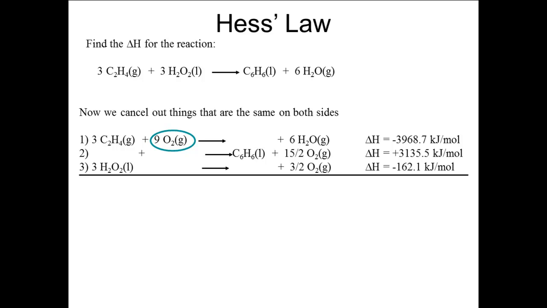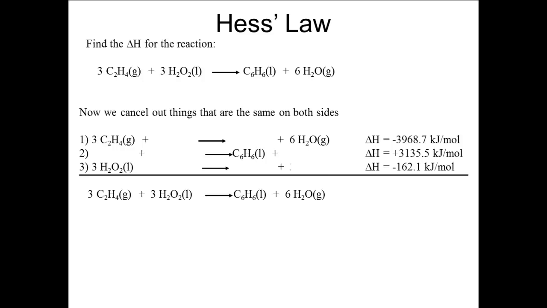We have 9O2 gas on the left in reaction 1, and 15 halves O2 gas in reaction 2, and 3 halves O2 gas in reaction 3 on the right. 15 halves and 3 halves add up to 18 halves, which is 9. So the O2 will cancel out completely as well. This leaves us with only 4 substances left, so we write them down in a reaction.